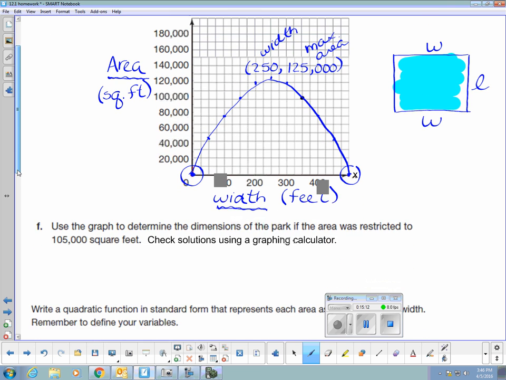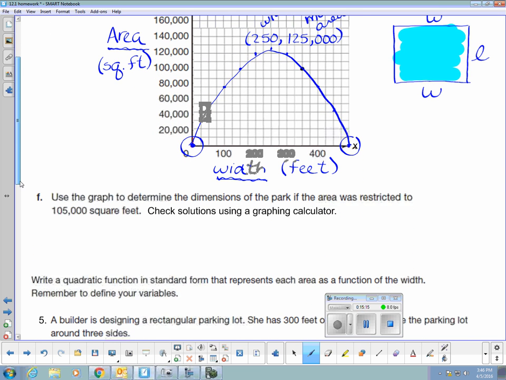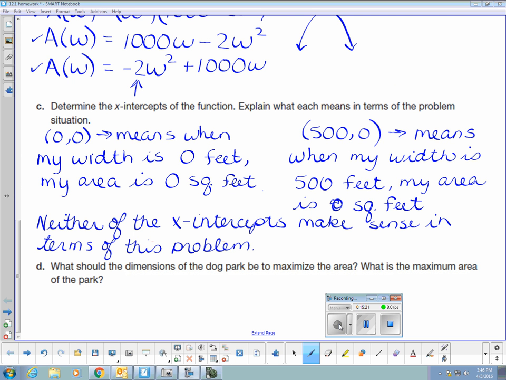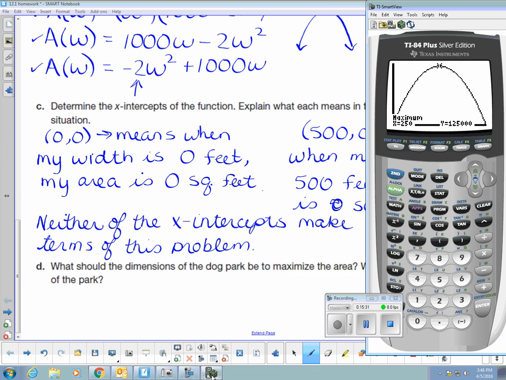So now the question is, what are the dimensions of the dog park? Here we are back again, part D. What are the dimensions of the dog park that would give you the maximum area? So my maximum point was 250, 125,000.